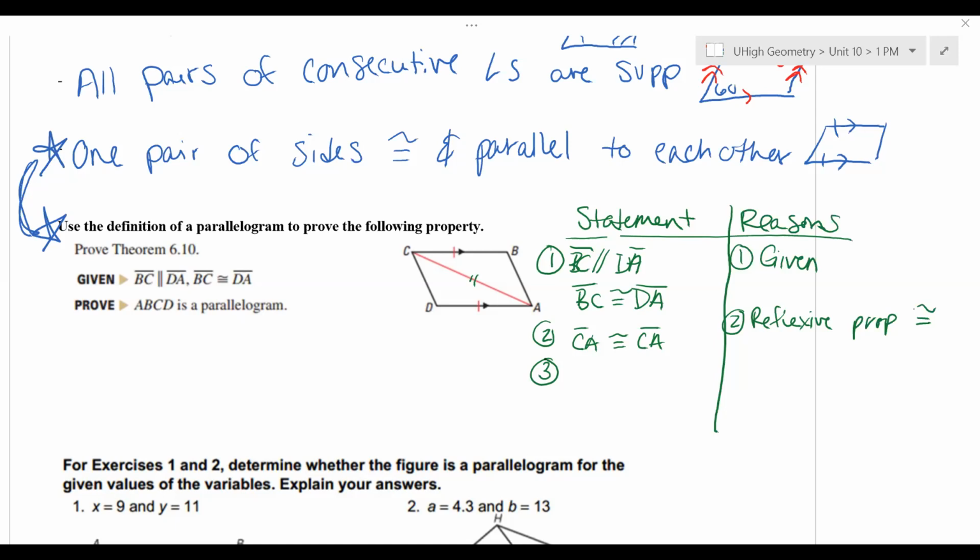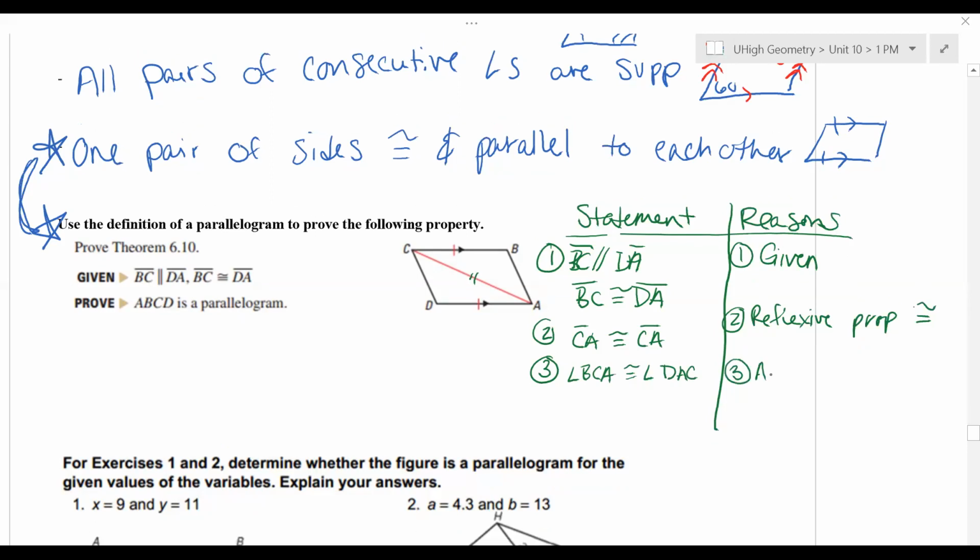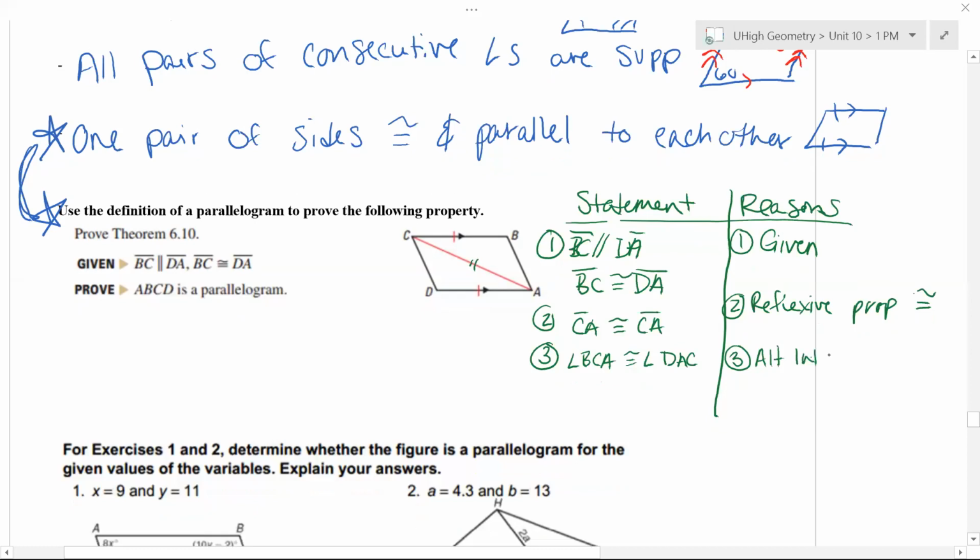So I actually have alternate interior angles in this image. Since I already have two parallel lines, I can say that angle BCA is congruent to angle DAC, and my reason, that reason number three, would be the alternate interior angles theorem.